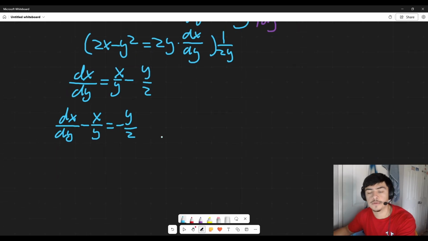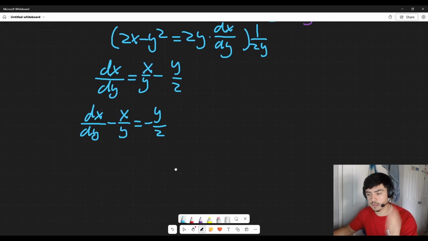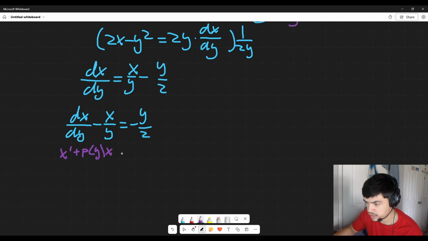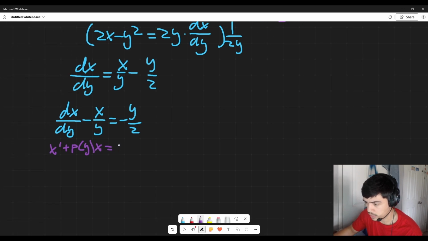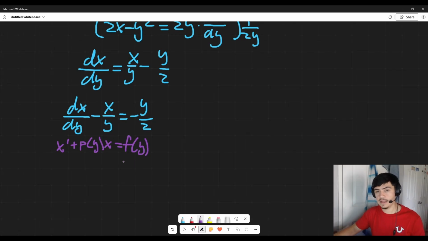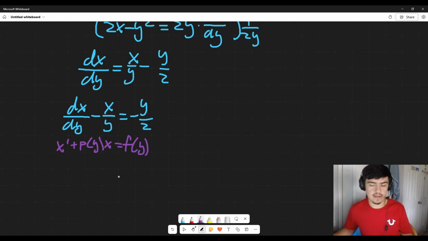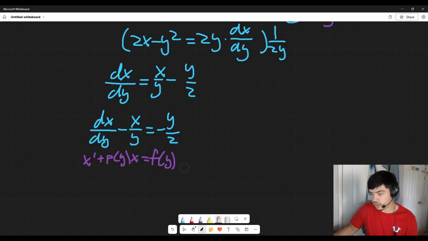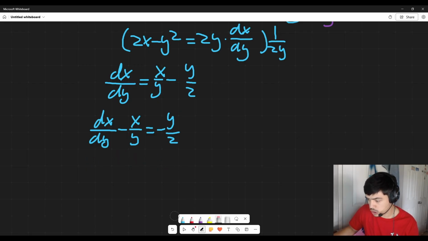Now this is a first order linear differential equation with a function of x, right? We have it in the form of x prime plus a function of y times x equaling a function of y. It's a little bit weird, we're working with x's instead. But knowing that, we're in a good spot.